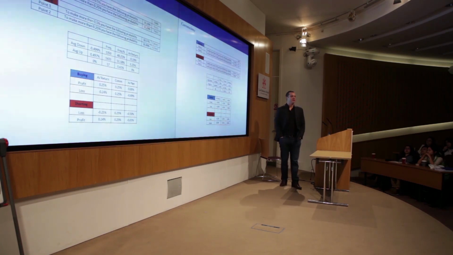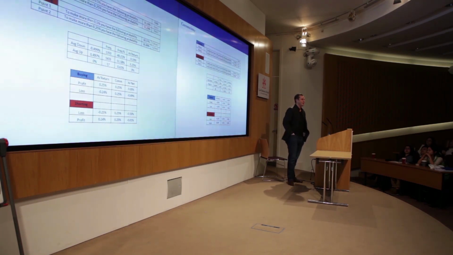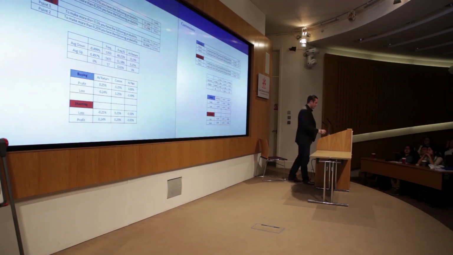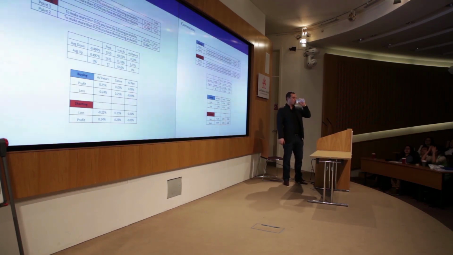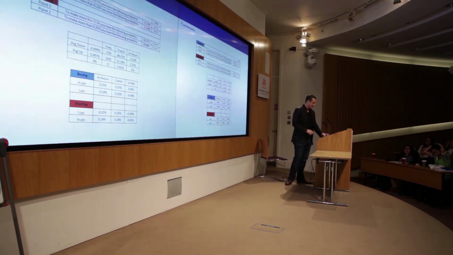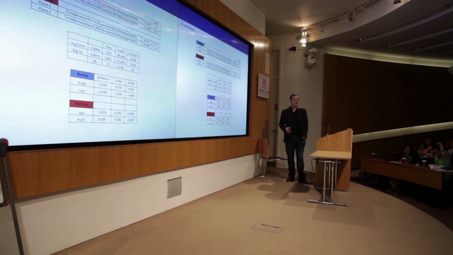So what do we have to do? What do we have to do as traders if we know these numbers are always against us? What do we have to do? You have to make the odds turn in your favor.